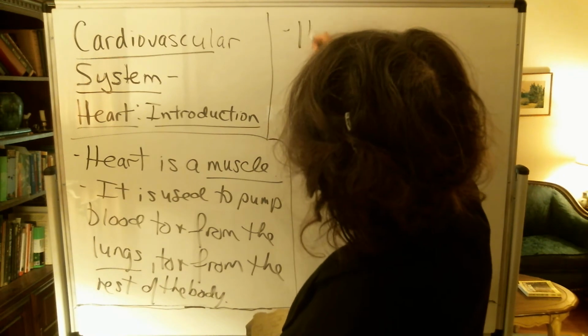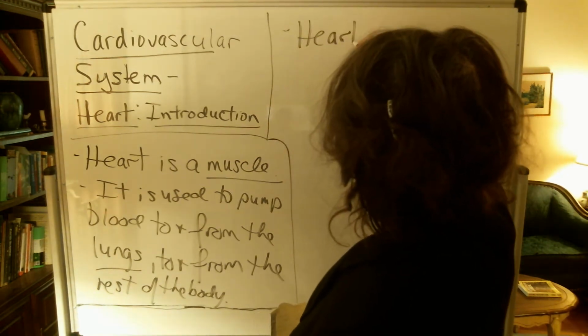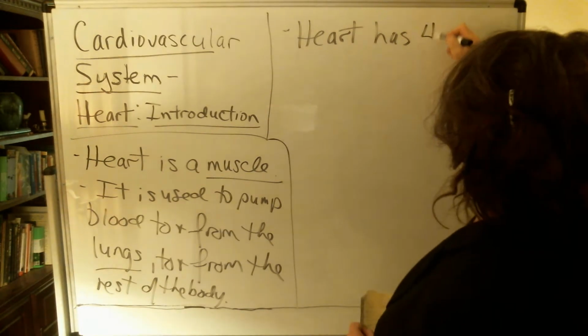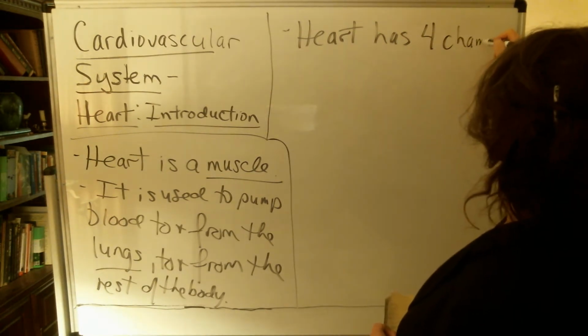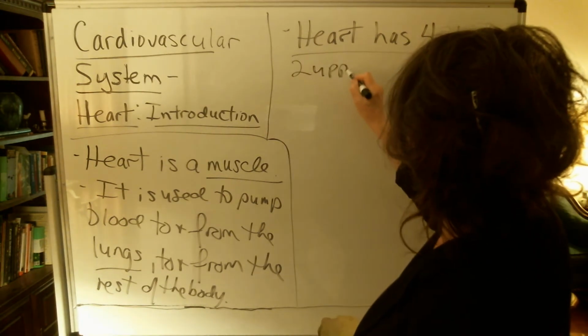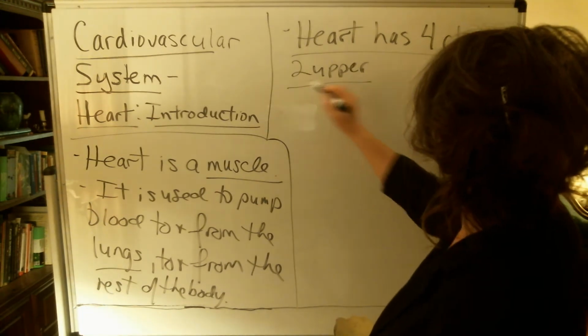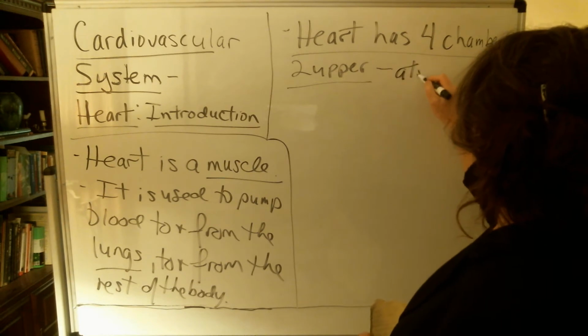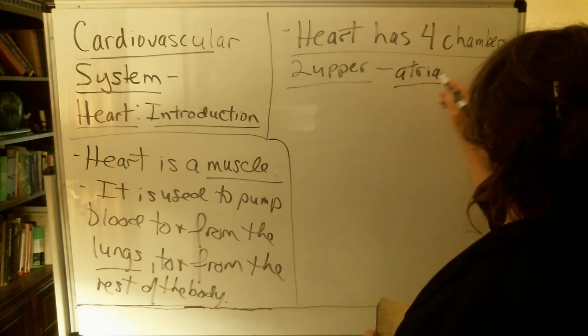So the heart has 4 chambers. Two upper chambers that are called the atria.